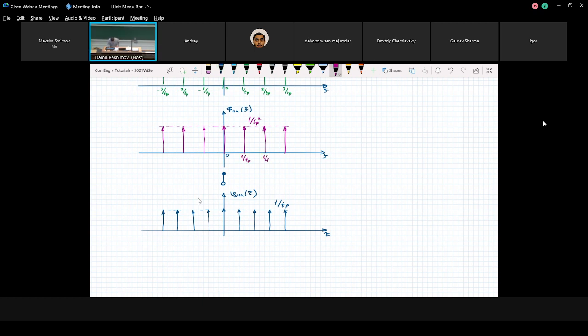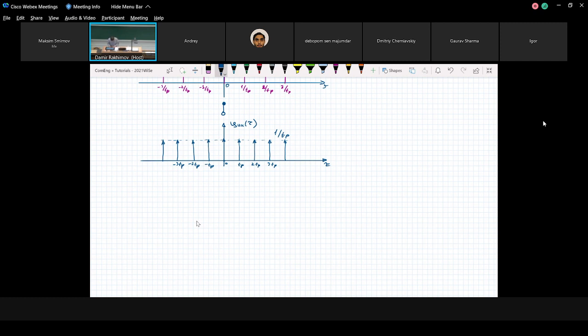Delta pulses. And what do we see? Maybe to analyze the results, I will repeat the result for one delta pulse.